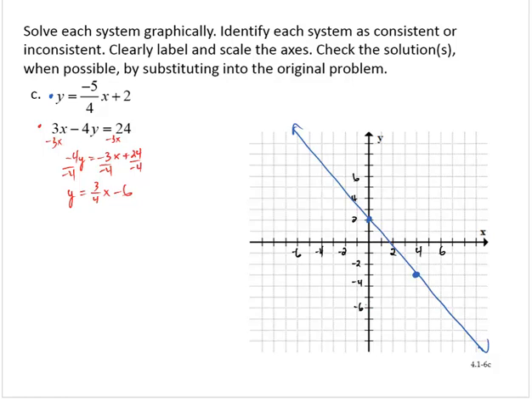So plotting the y-intercept at 0, negative 6, and then using the slope, up 3 and right 4, and drawing that line. And so we can clearly see a point of intersection at 4, negative 3.